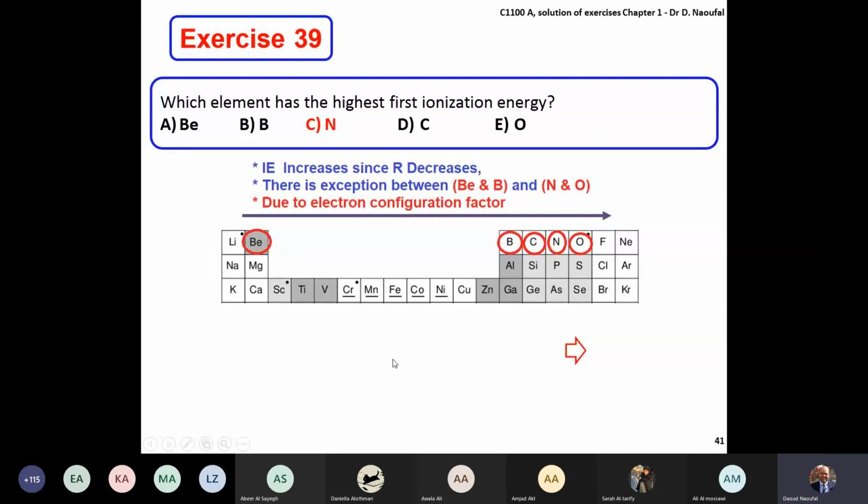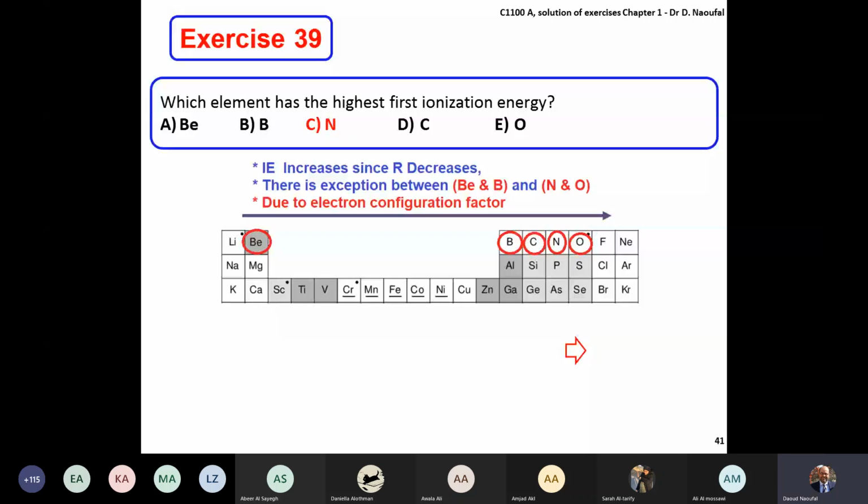Exercise 39. Which element has the highest first ionization energy? Also, pay attention that the periodic table can be used only to describe IE1. If they ask about IE2, we could not use the periodic table.